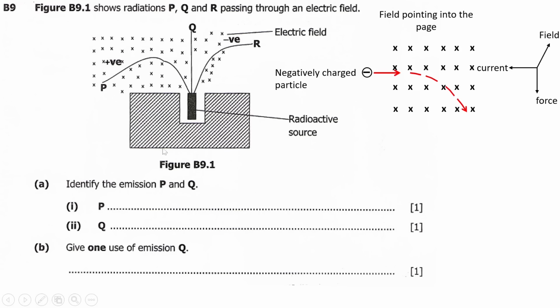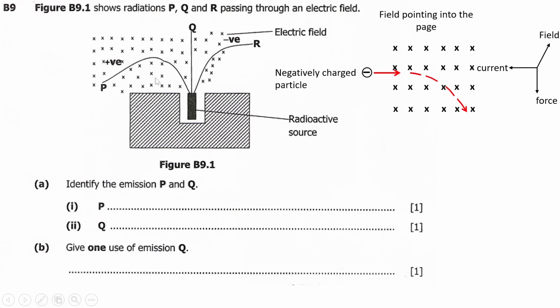This theory is very important to apply here. So that's why you are seeing a negative charge going like this, a positive charge like that. Then this one without charge continues to go straight. If they say identify the emissions P and Q, this P here, which goes this way, has positive charge.